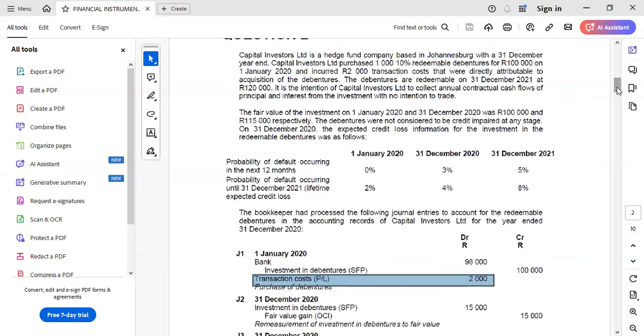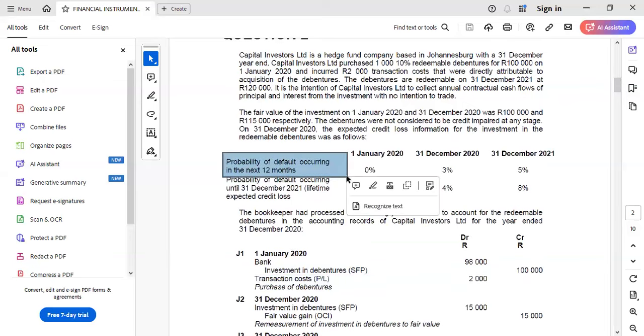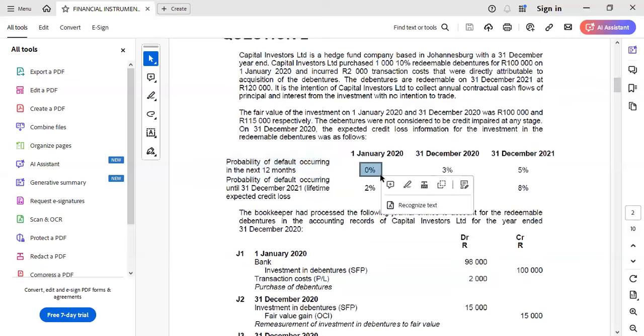And these day one credit losses should be recognized at the 12-month credit losses. And on 1 January, the 12-month credit losses were at 0%. So it was correct not to recognize day one credit losses because they were 0%.